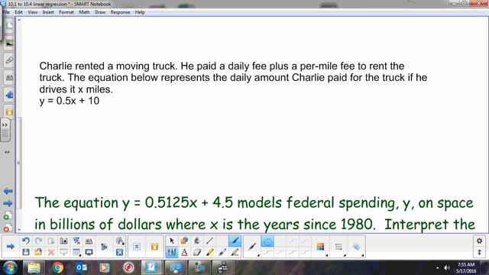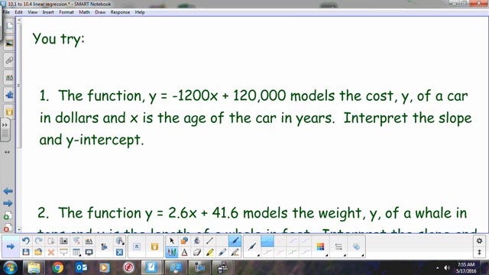What he paid. So we've got 1/2, this is going to be dollars per mile. So it would make more sense to do 0.5 over 1. So for each additional mile, Charlie is paying 50 cents. So you need to be able to interpret your slope.